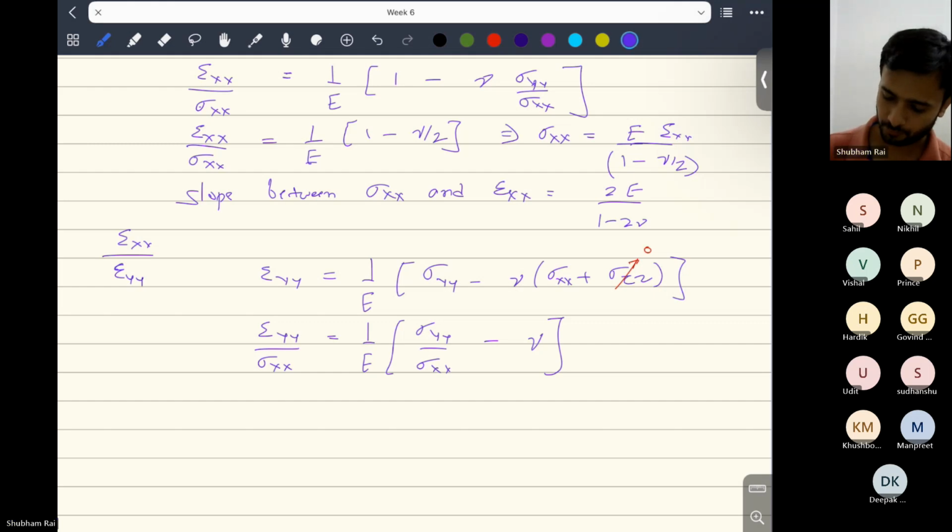So epsilon yy over sigma xx is 1 over 2 minus nu, right?